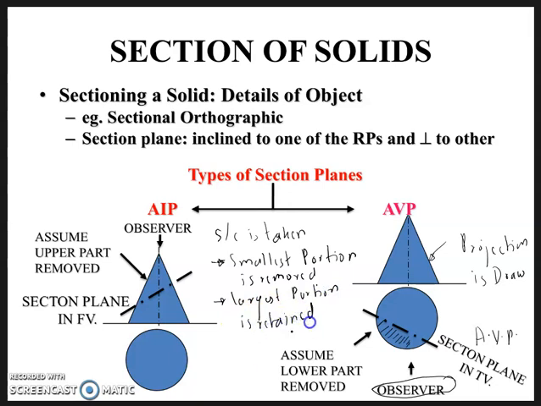That is a rule that we have to follow whenever we do section of solids. So this is some basic stuff about section of solids. Now we will start with the first example.